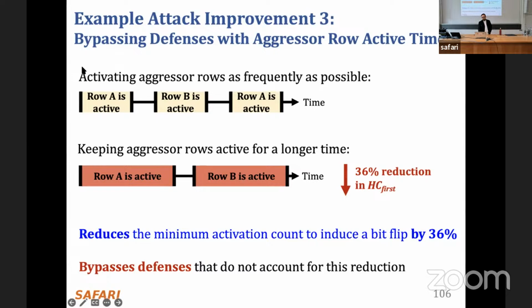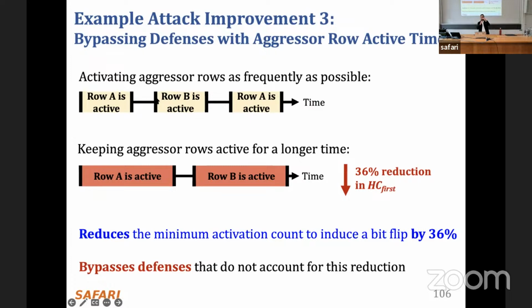We activate the aggressor row here, and then in this yellow window, row A is active during that time, and then we close the row. You have to do this because when you activate the row, there's a minimum timing constraint that you need to wait until you close the row. And then here you activate, here you close, sorry. And then you activate the other row.